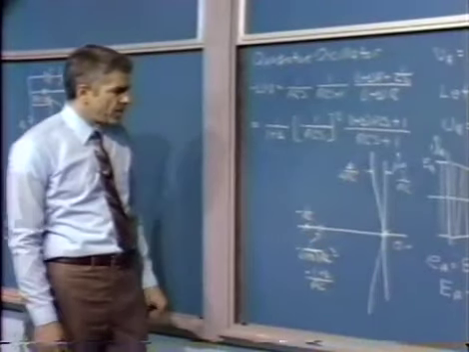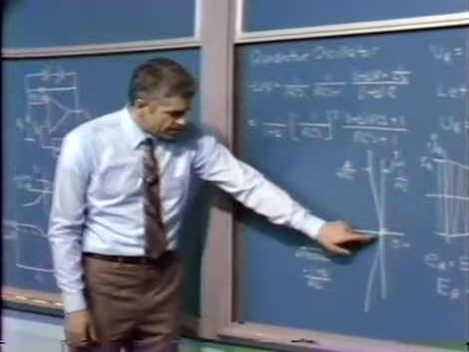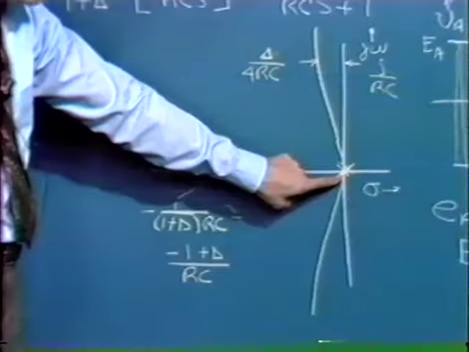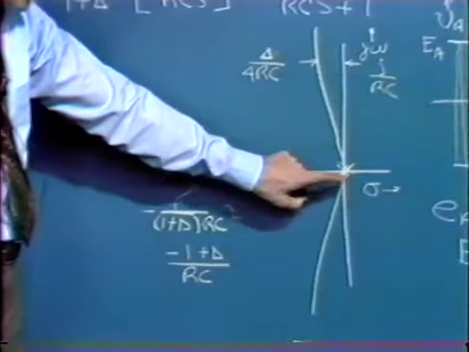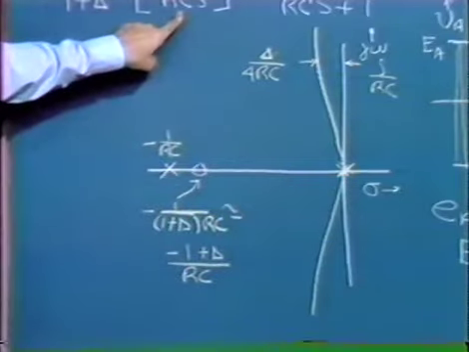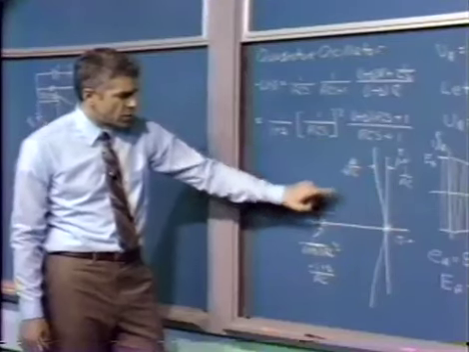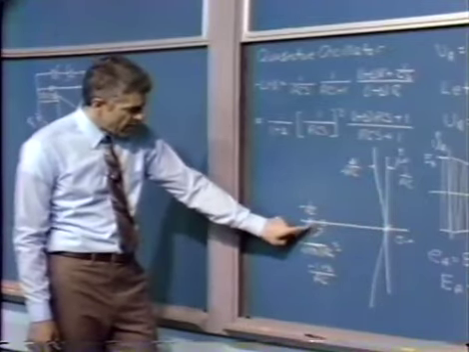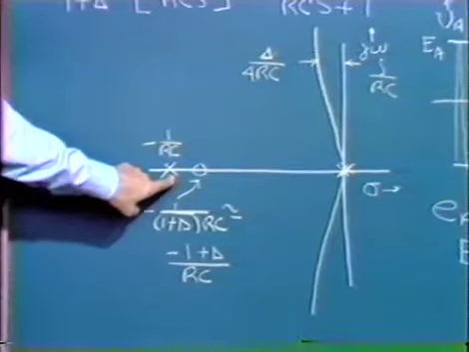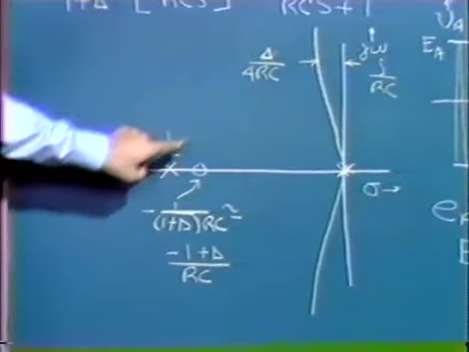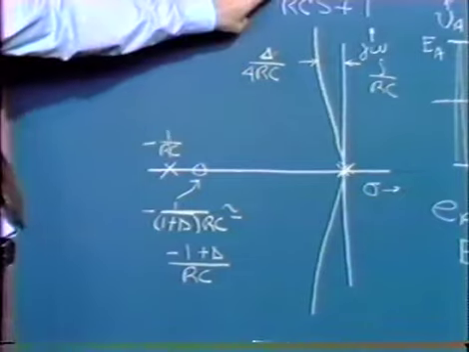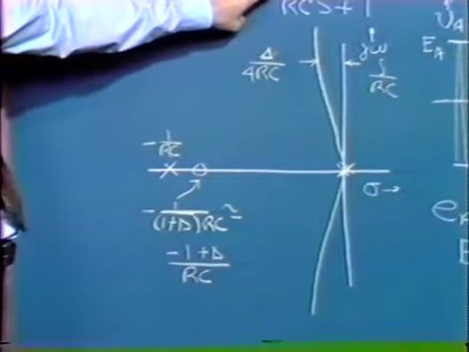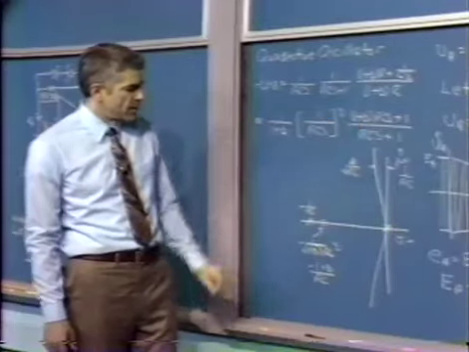If we draw a root locus diagram for the system, we find that we have a pair of poles at the origin associated with the loop transmission. That's the 1 over RCS quantity squared. And as I've shown things, we have a pole at S equals minus 1 over RC here. We have a zero located at a slightly lower frequency, a slightly longer time constant.